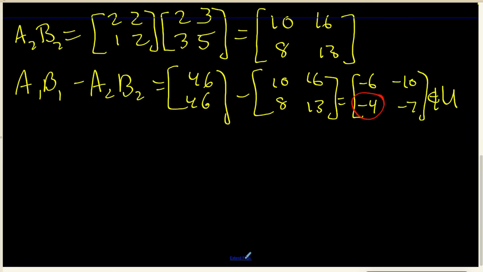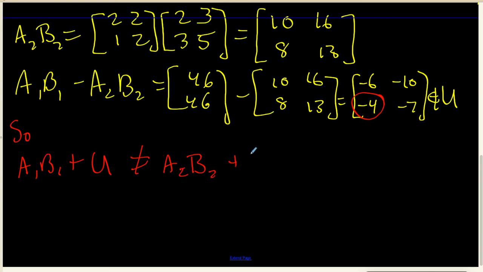And as a result, I know that A1 B1 plus U is not the same coset of U as A2 times B2 plus U.